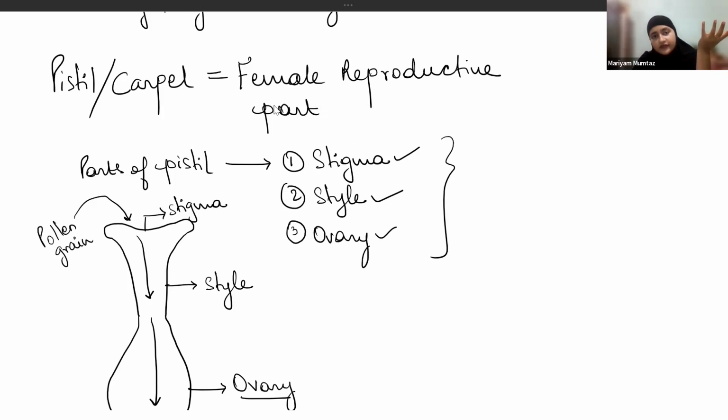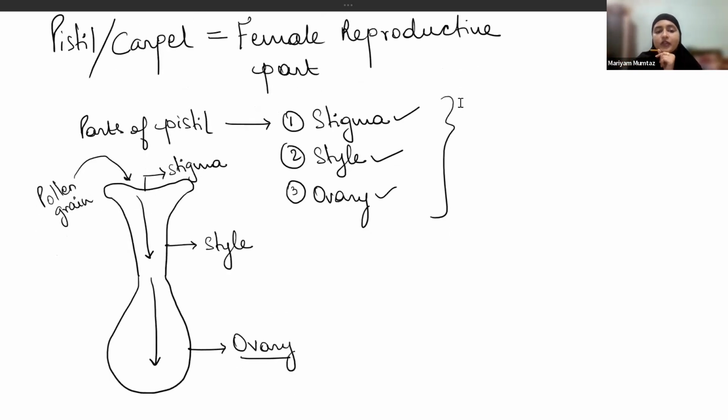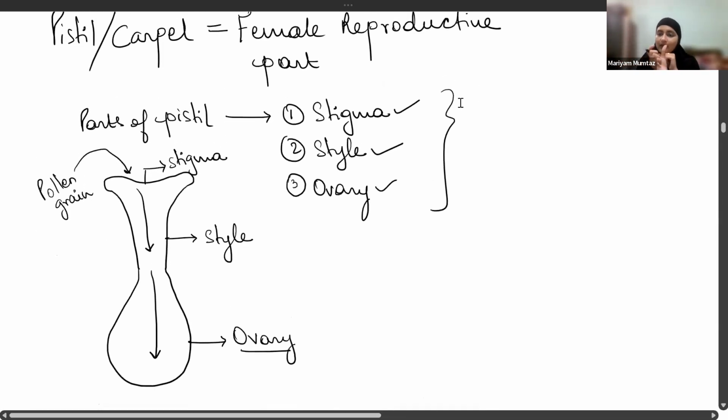A single unit of the gynoecium. And the gynoecium is the female reproductive part. Now we are talking about the pistil. Now this is like one part.